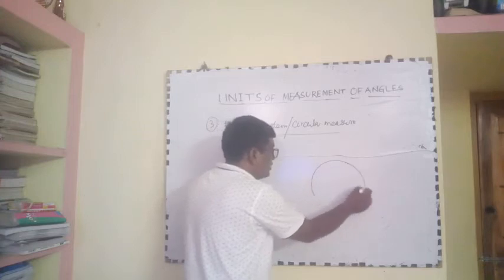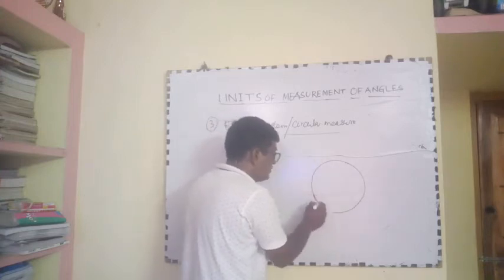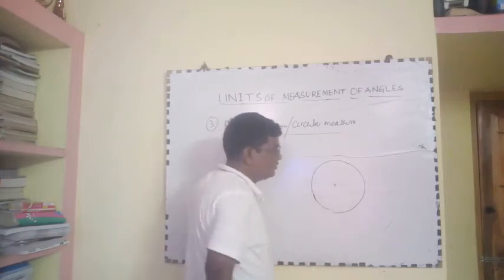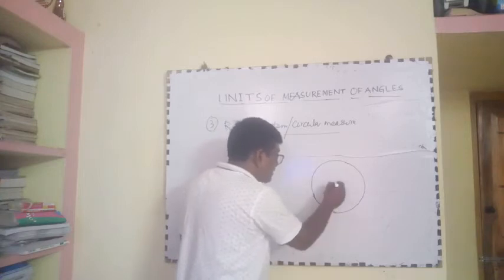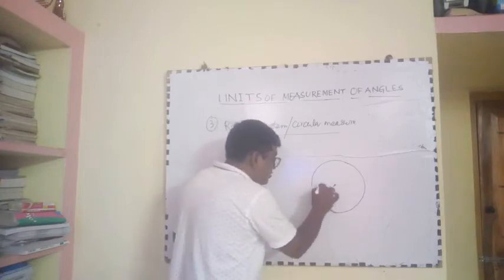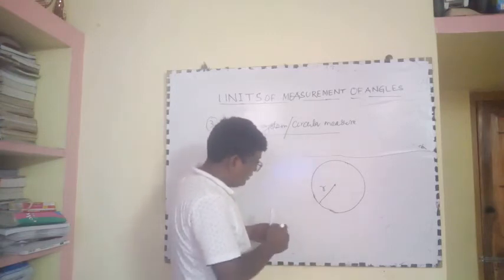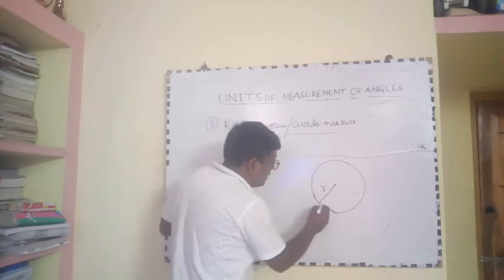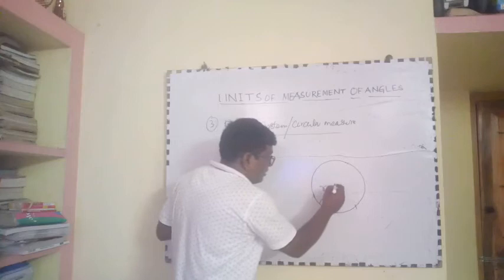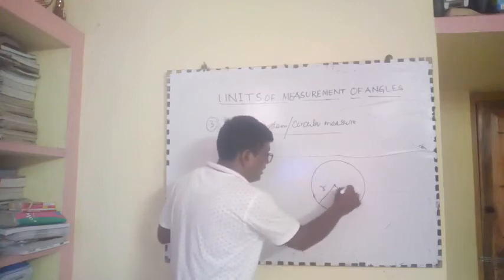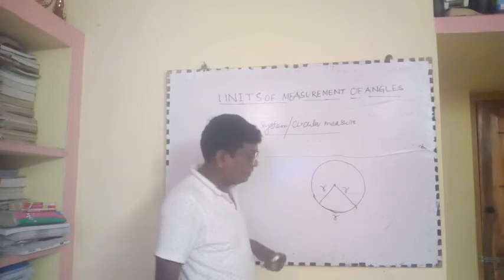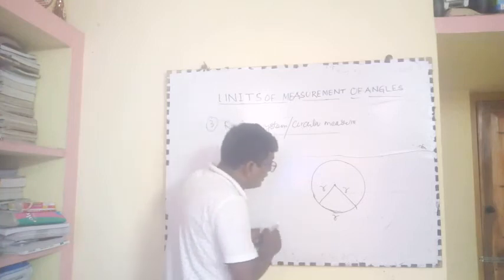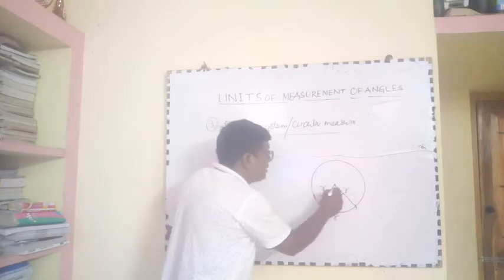Suppose this is a circle and this is the center. Let this be the radius R. Measure the length of the radius R and mark it on the arc. Join it. Here this is R and this length is also R. Then the angle obtained at the center is 1 radian.